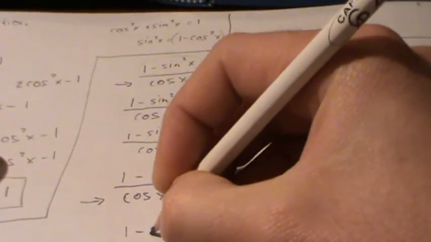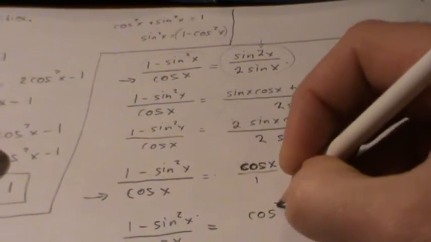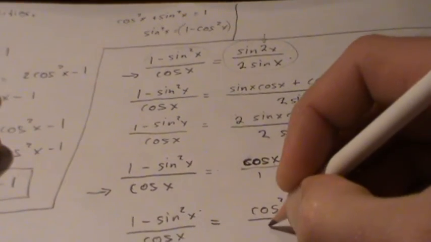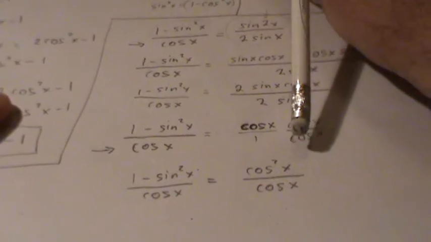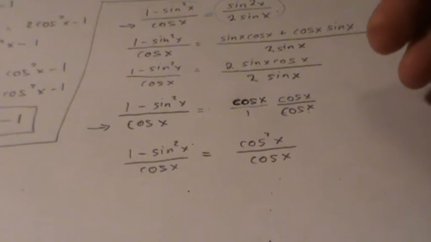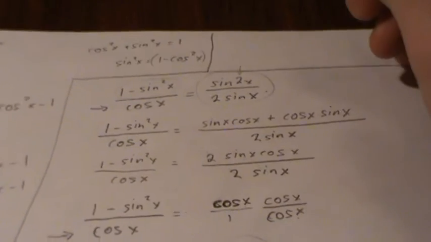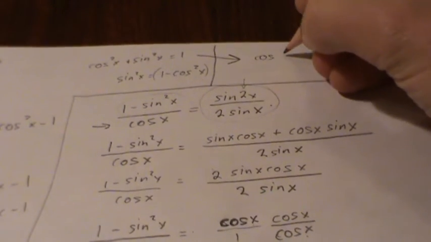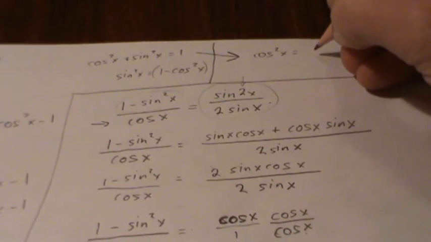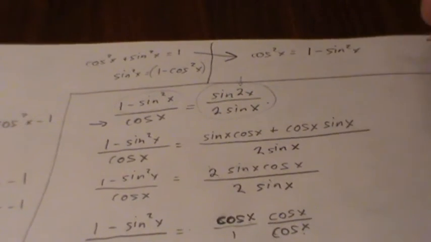And so it's 1 minus sine squared x over cosine x is equal to cosine squared x over cosine x. Alright, and now I'm going to change my cosine squared x for, remember my Pythagorean identity here, cosine squared x is also equal to 1 minus sine squared x.